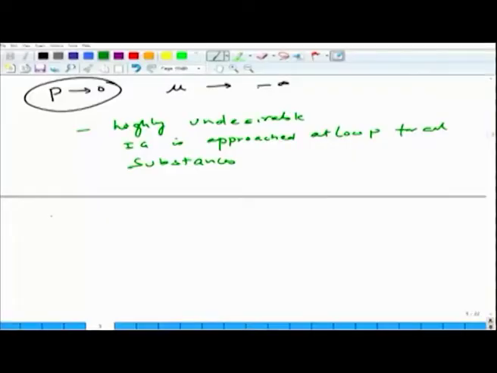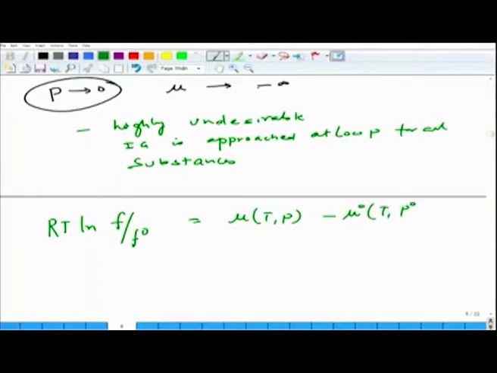Lewis introduced fugacity in order to avoid such a situation. The definition of the fugacity is ln(f/f0) equal to μ at T, P minus the reference μ at T and pressure P0.